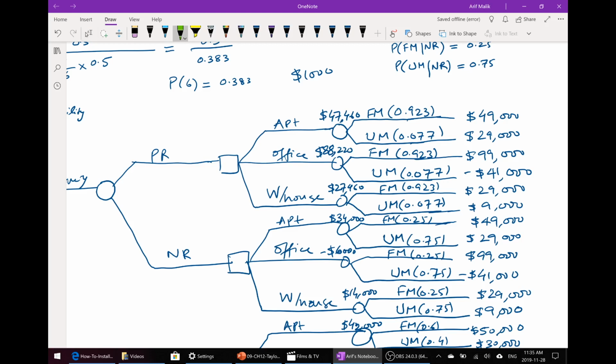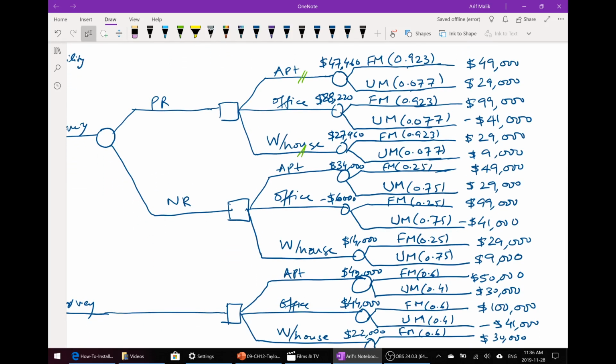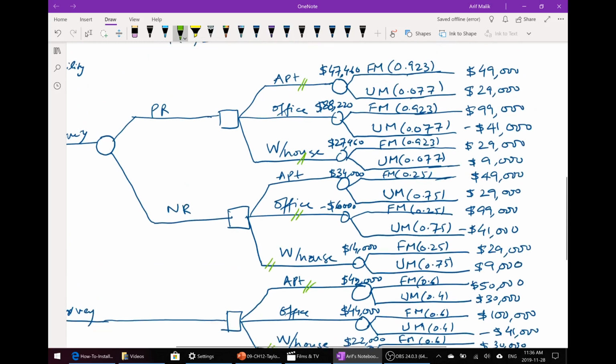Okay, so we discard apartment and warehouse. And similarly in the negative report, the maximum is coming from apartment building, so we discard office and warehouse. And down there the best is office, so we discard apartment and warehouse.